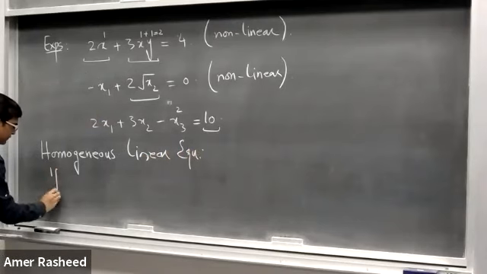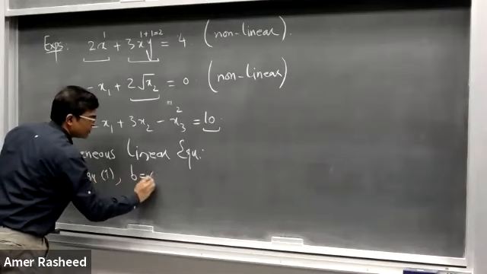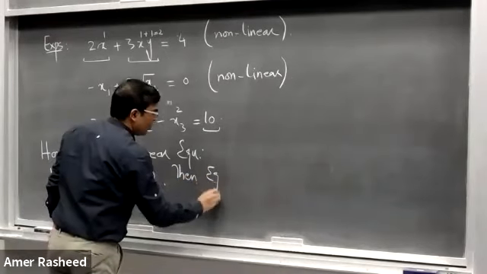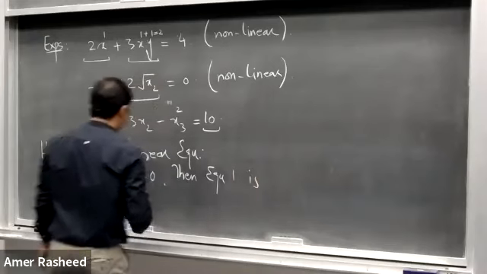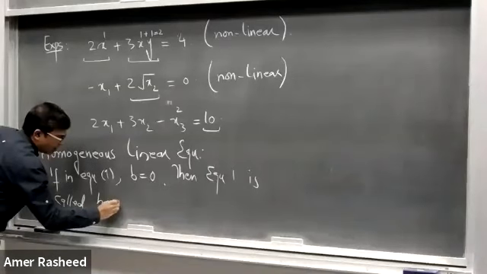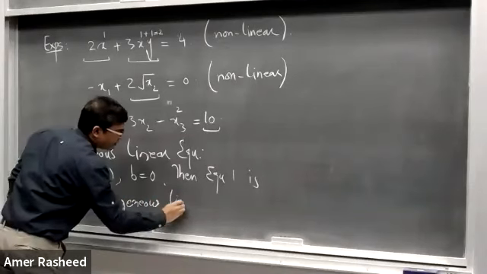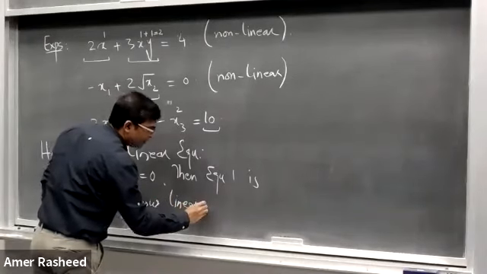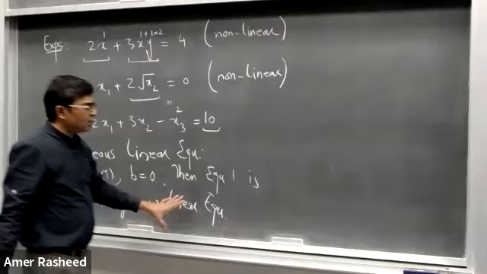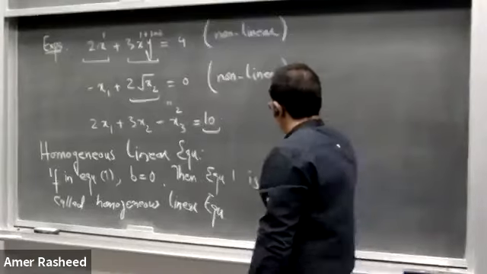If in equation 1 b is equal to 0, then equation 1 is called a homogeneous linear equation. It is still linear, okay, but it is homogeneous. If b is not 0, then what do we call it? We call it a non-homogeneous linear equation.